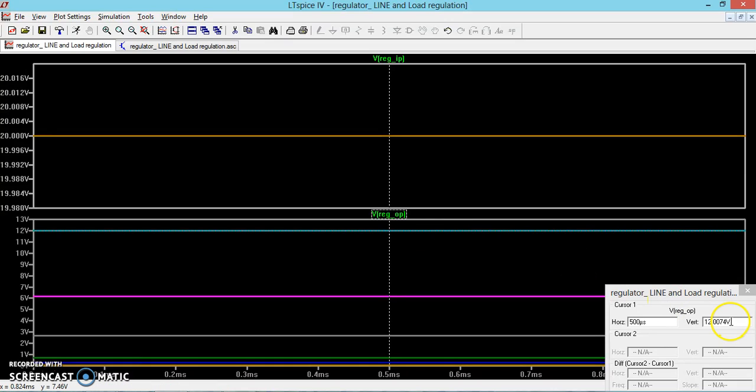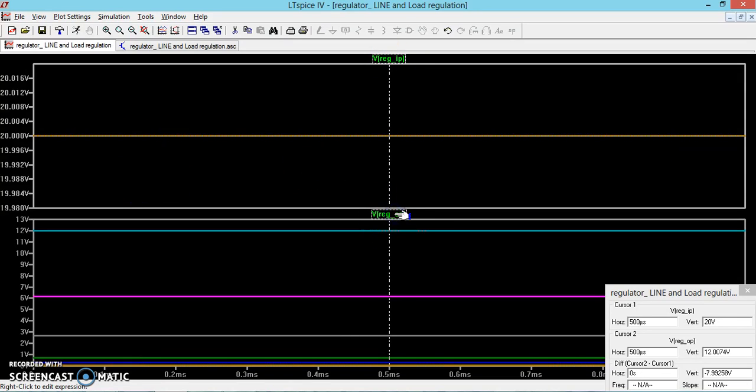The first one is at 12.00, which corresponds to the least current, the result of a 1 kilo ohm resistor in this particular example. Let me now verify the output voltage for different values of resistance, from this V regulator output. You can also see the input voltage is constant at 20 volt for all the values.